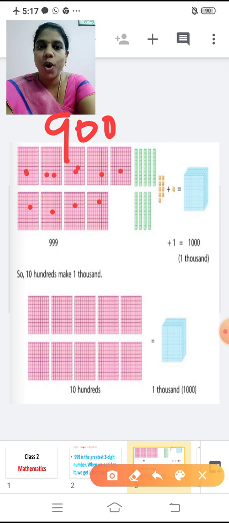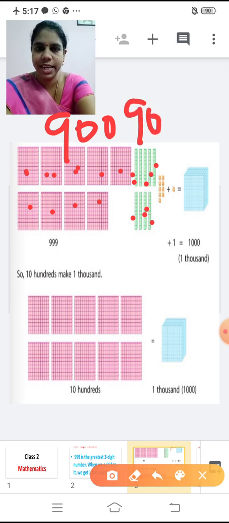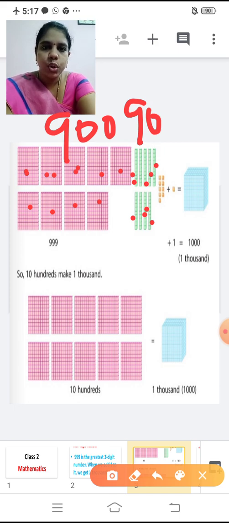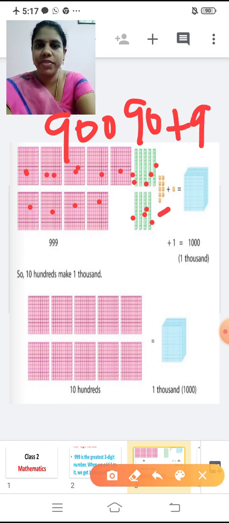And this green color is a block of tens. 1, 2, 3, 4, 5, 6, 7, 8, 9. So 9 tens. And how many ones? 1, 2, 3, 4, 5, 6, 7, 8, 9. So we have 9 ones here.